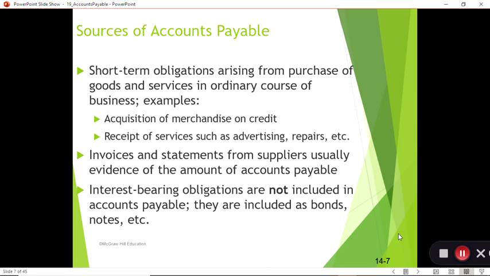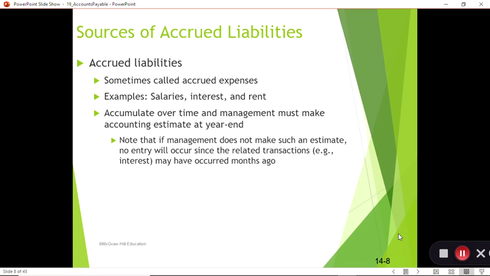The evidence is essentially the invoices and statements from suppliers. And note here, interest-bearing obligations aren't included in AP. They would be in another liability account.